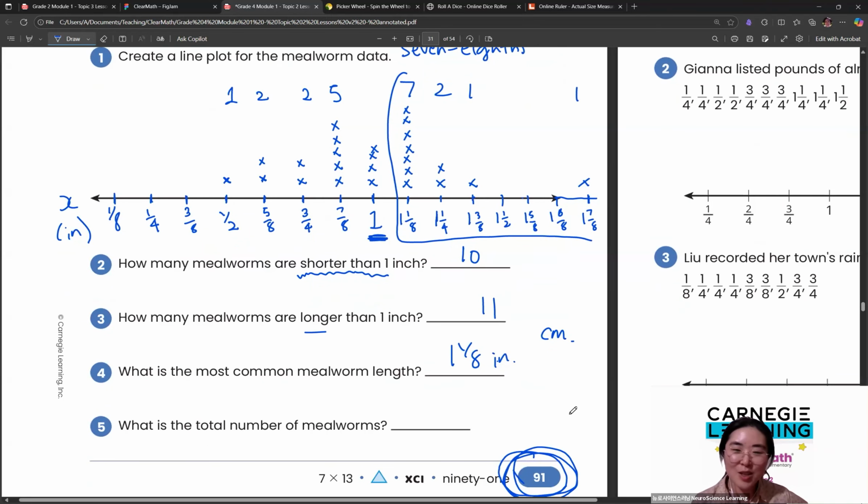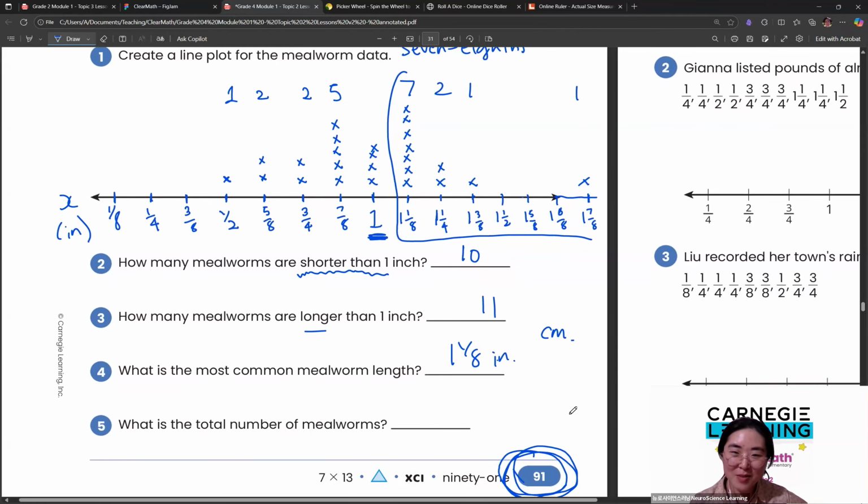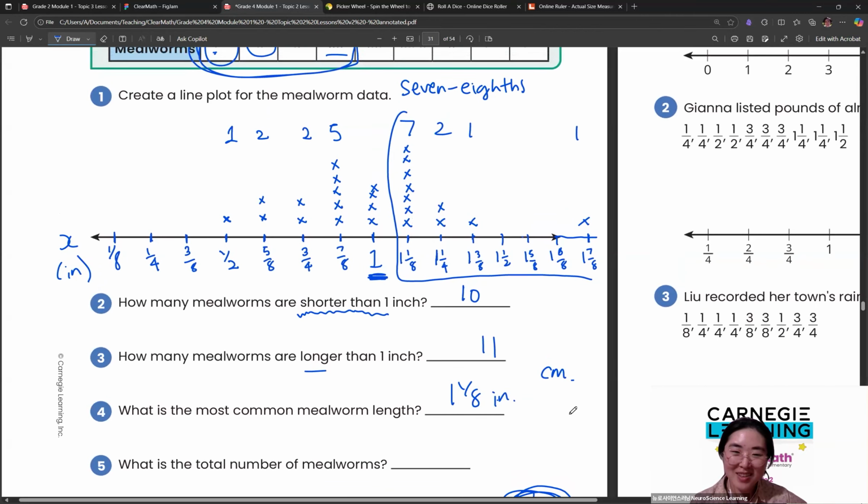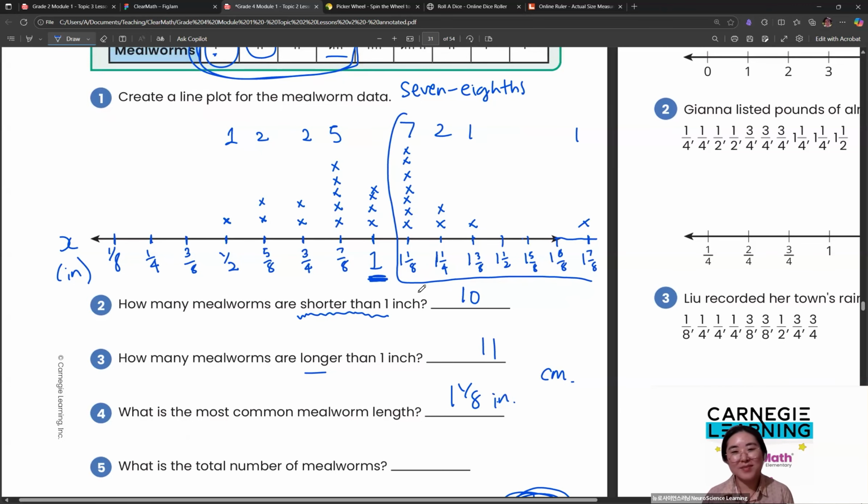Last one. What is the total number of mealworms? So we add 4 plus 4 plus 5 plus 1 plus 8. 25. Nice. Can I tell you a shortcut?